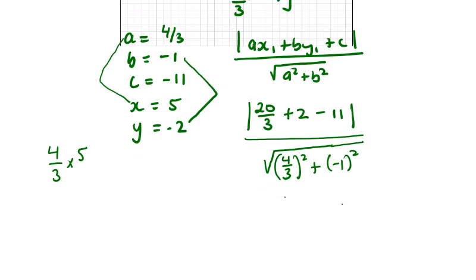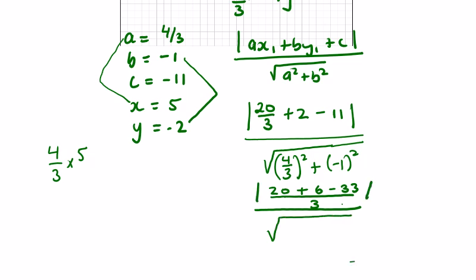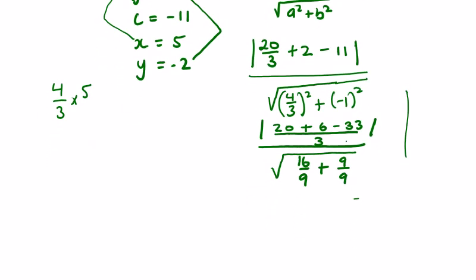So the top is going to give us, if we do it in thirds, 20 over 3, plus 2 is 6 over 3, minus 11 will be minus 33 over 3, all over the square root of 4 thirds squared is 16 over 9, plus 1, which is 9 over 9. So this is going to give, on top, minus 7 over 3.